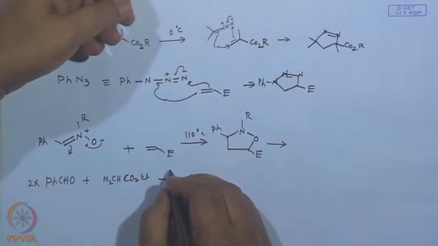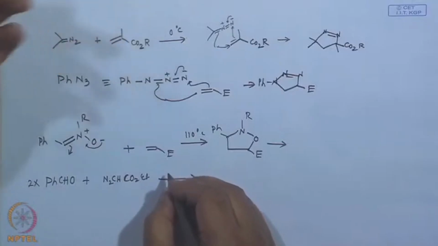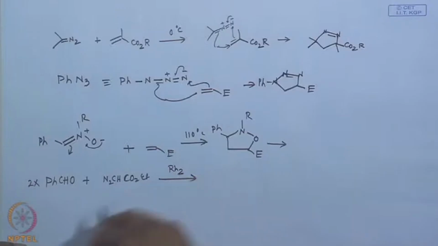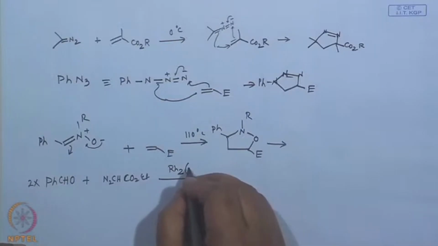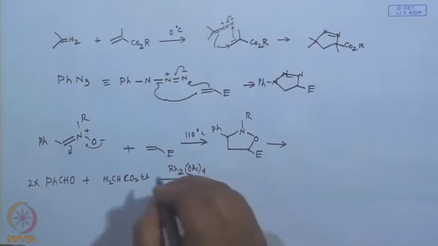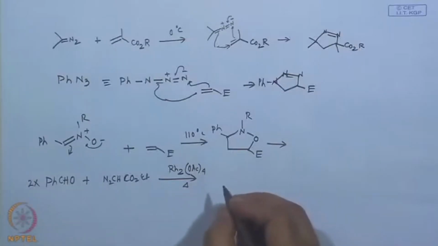What is the reagent normally used for decomposition of diazo compounds? Copper, silver, perfluoride, even copper salts are also useful, cupric acetate, triflates, all these things, but one of the finest is dirhodium tetraacetate, or you can substitute the acetate with longer chain acids, and just heat. Normally toluene or benzene at reflux temperature is sufficient.